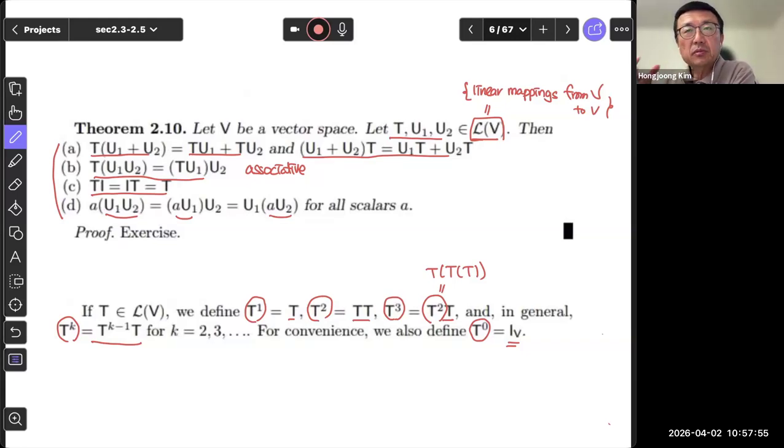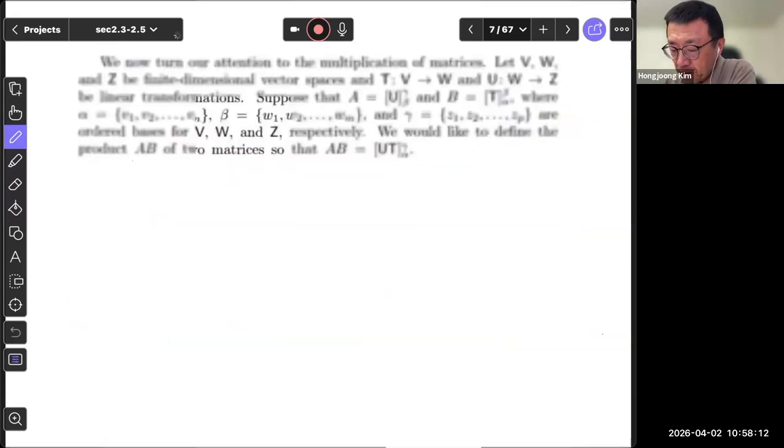Those will be represented by these powers or the composite of T with itself. And these problems will be considered in a moment with some real actual problems. So please wait for the examples.